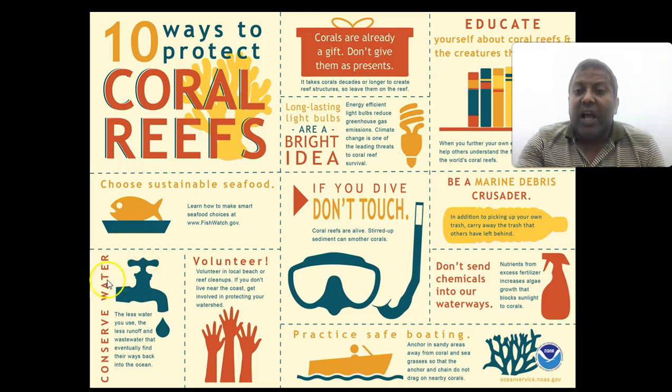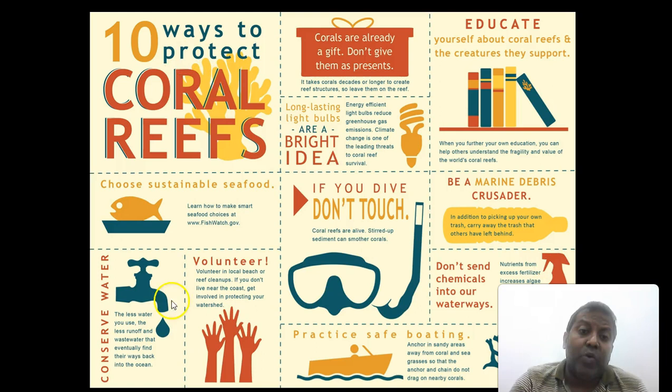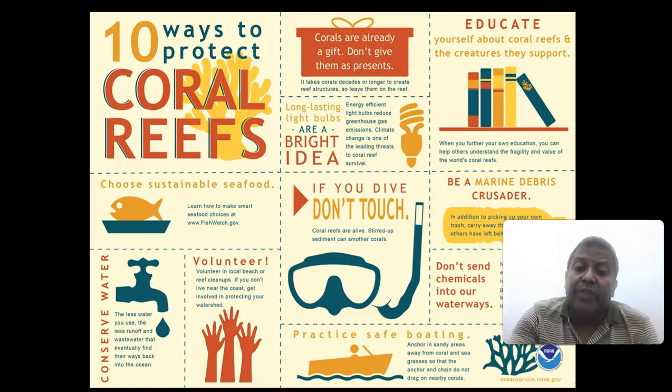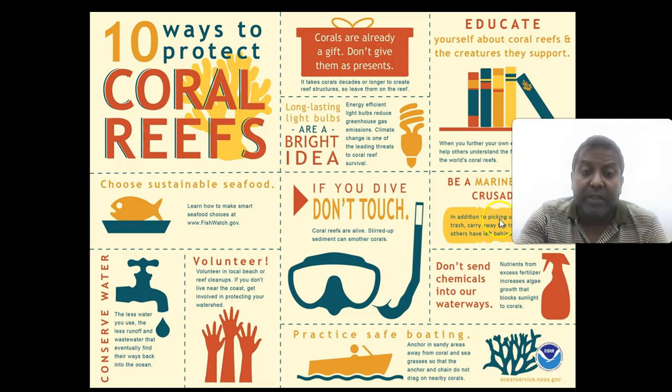So these are generally the 10 facts by which we can protect the coral reef from becoming extinct, and most of them are very important, and education of the local individuals is very important for this purpose.